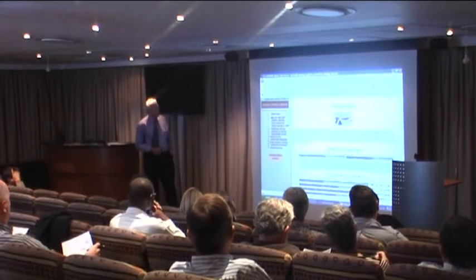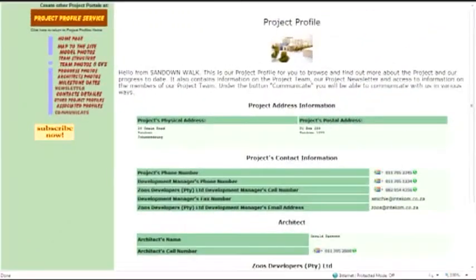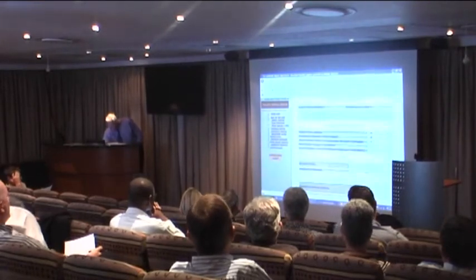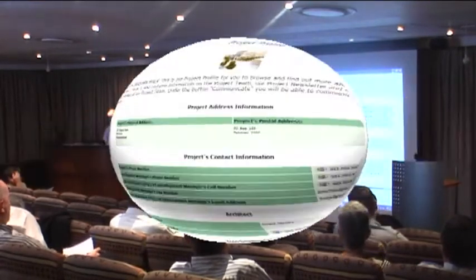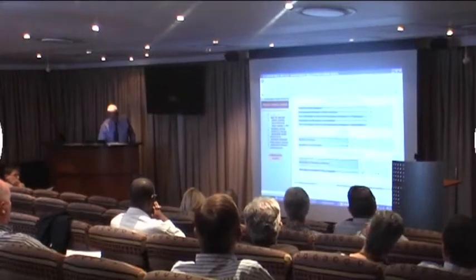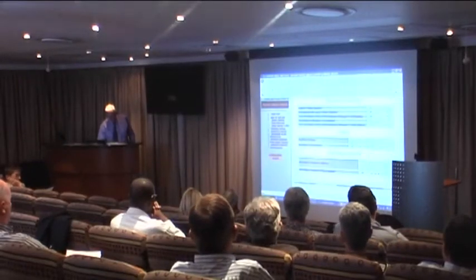We can put up a photograph there, and we have here the project's physical address, contact details, and as I go down here, who the architect is and who the developers are. Some basic information with some contact detail there. This is what we call the home page.